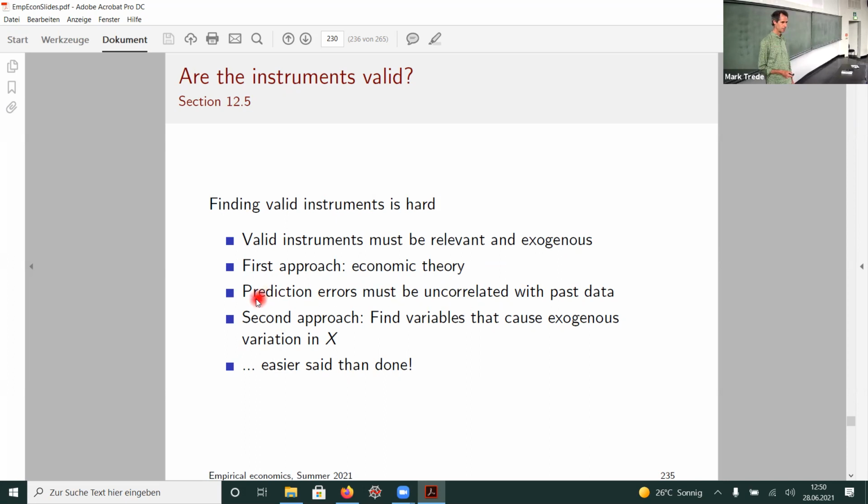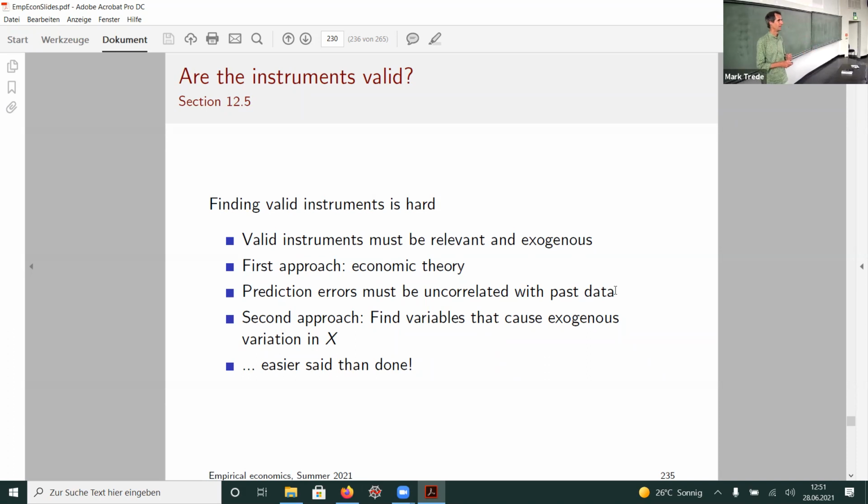For instance, prediction errors should be uncorrelated with past data. That's an approach, because if the past data are correlated with the prediction error, then it would be very easy to improve the prediction looking at the past data. Okay? Everybody would do that.